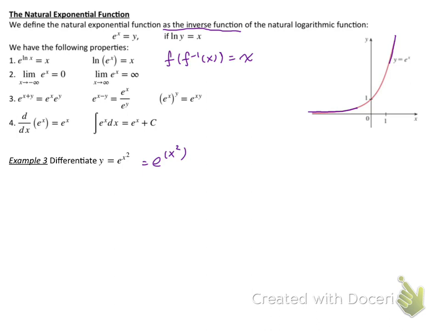Then, apparently it's another chain rule. dy/dx will be, this is my u, e to the x, taking the derivative of itself. So e to the x squared will remain the same, but because where x is supposed to be in the formula is not really an x, the chain rule tells me I need to take the derivative of what takes the place of x in the formula.